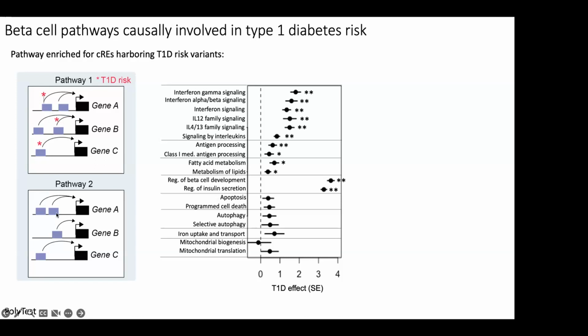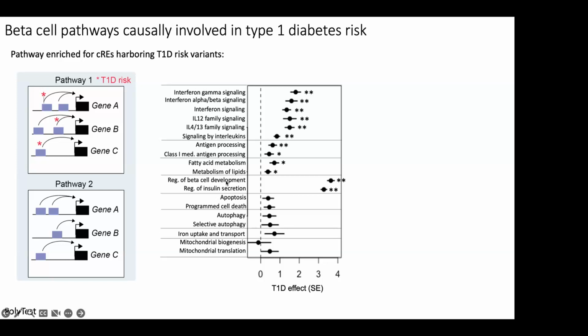So we can use the polygenicity of type 1 diabetes to ask whether collectively things tied to genes in certain pathways are harboring disease risk. And so this is what we find here on the right. So these are pathways that are enriched for harboring risk variants for type 1 diabetes. So again, we find interferon signaling, both interferon gamma and interferon alpha, beta, antigen processing, as well as lipid metabolism and also beta cell function.